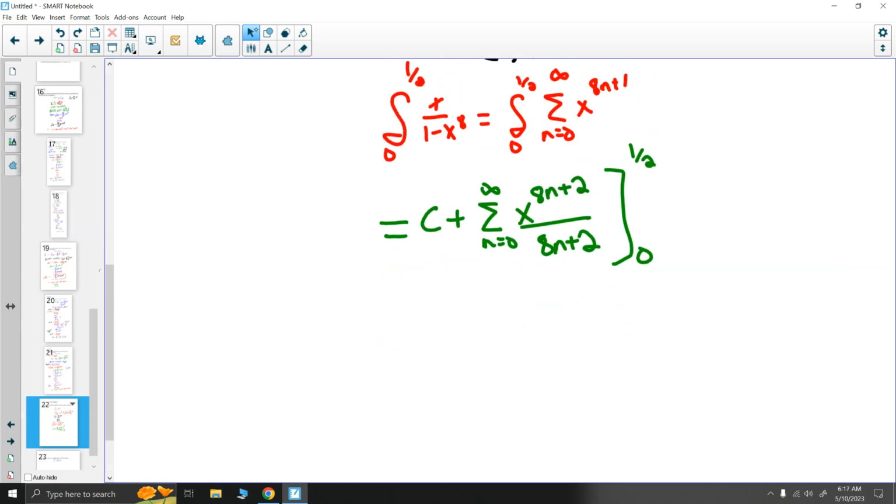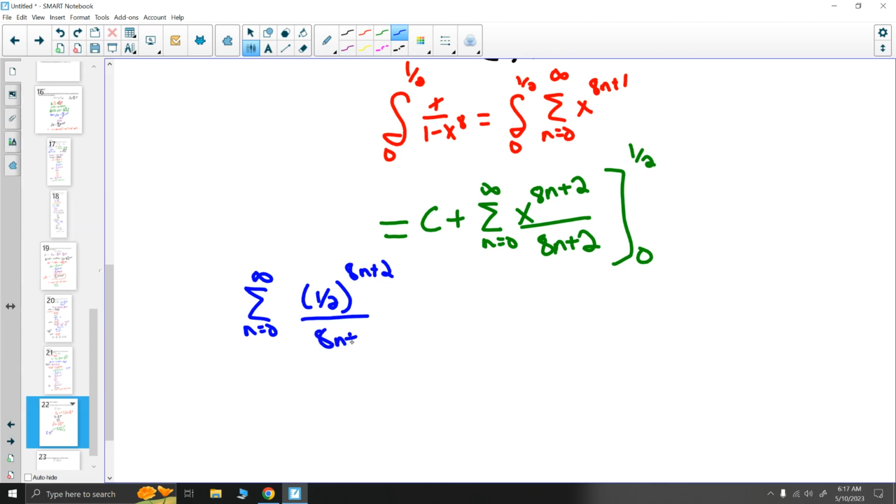Okay, so what does that look like? What does that mean for us? Well, basically, we have a power series of, again, the constants don't matter because they cancel out. We'd have this one, sum n equals 0 to infinity of 1/2 to the 8n plus 2 over 8n plus 2. That's what we have here.